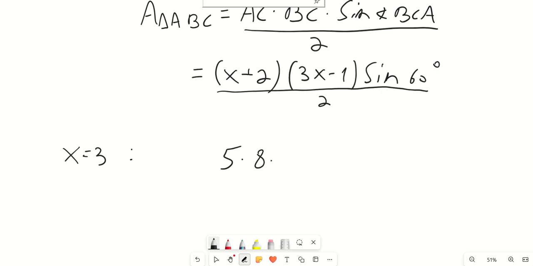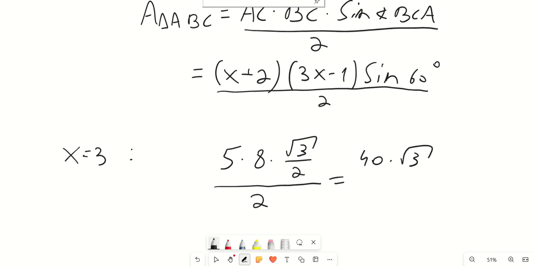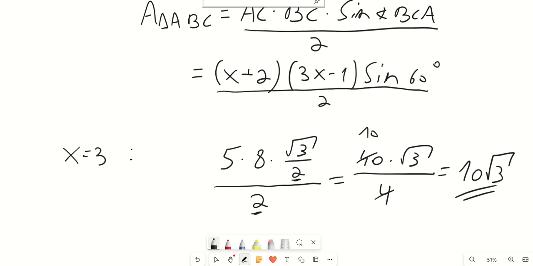The sine of 60 degrees is the square root of 3 over 2. And I still have to divide by 2. So I get here 40 times the square root of 3 divided by 4. Yeah, these two and these two come together in the denominator to be 4. Then here I simplify by 4. So the answer is 10 times the square root of 3. This is the area of triangle ABC, and this is the answer for part C.